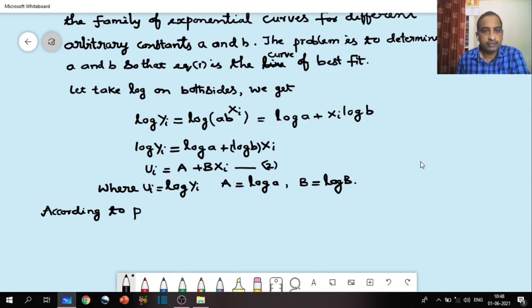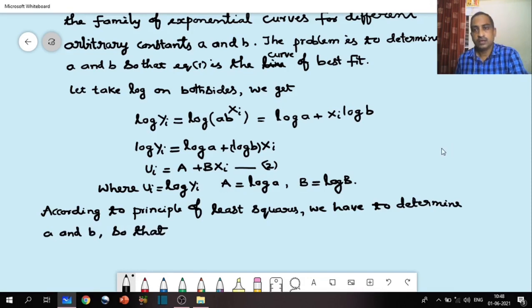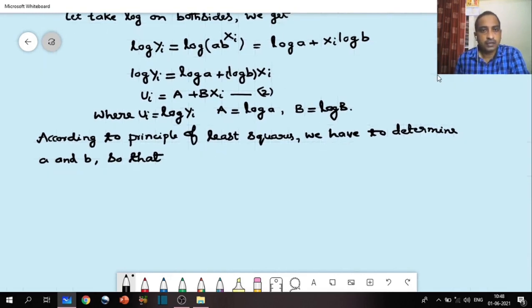So according to the principle of least squares, we have to determine A and B so that the error sum of squares is minimum.